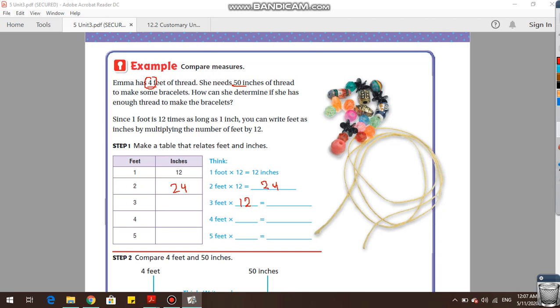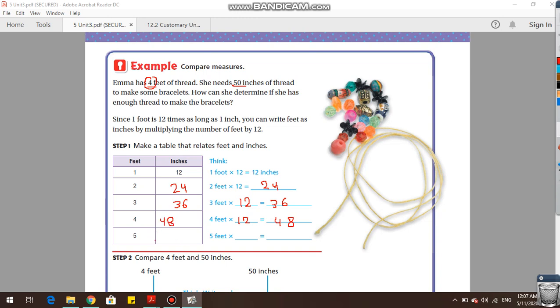Because in only 1 foot I have 12 inches. So in 3 feet I will have 36. How about 4 feet? I'm going to say 4 times 12 equals 48. So in 4 feet I have 48 inches.